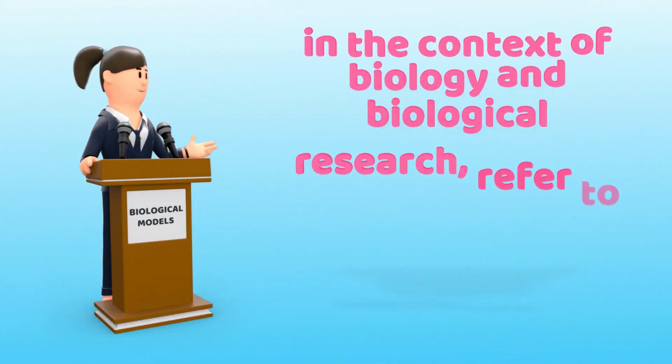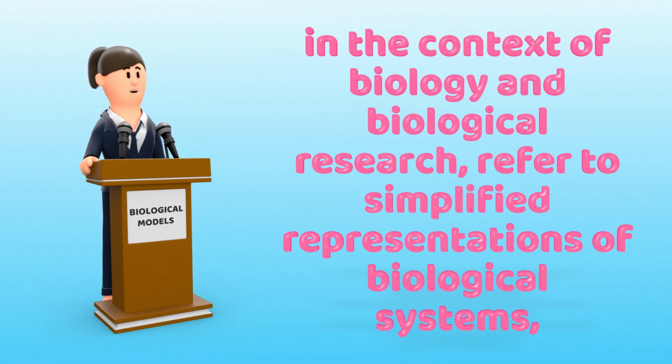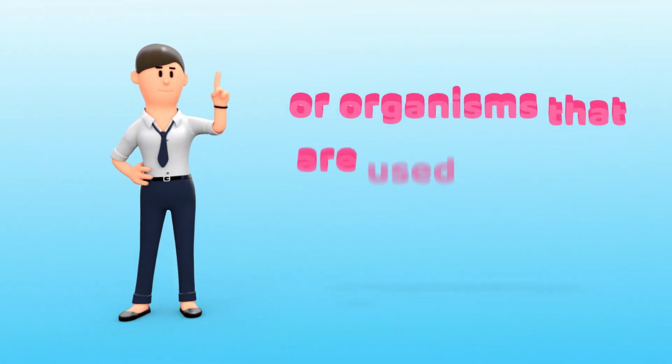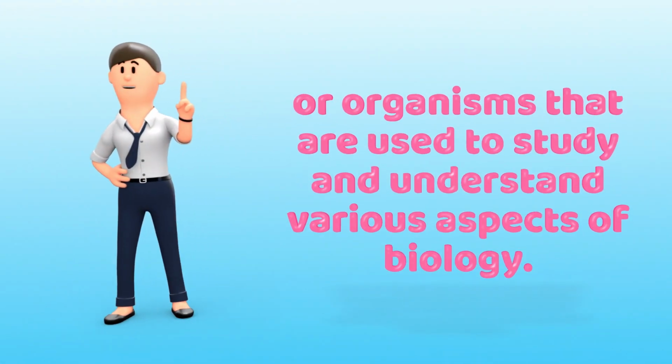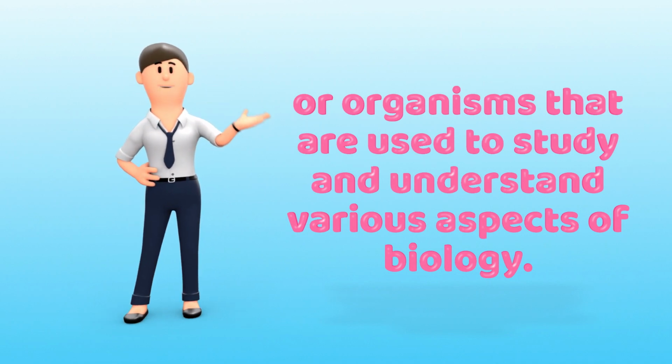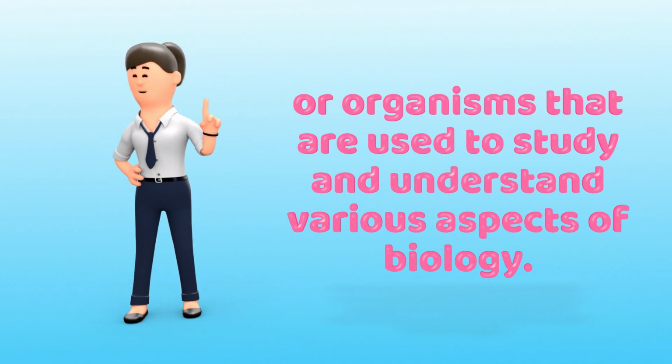In addition to this, models, in the context of biology and biological research, refer to simplified representations of biological systems or organisms that are used to study and understand various aspects of biology.